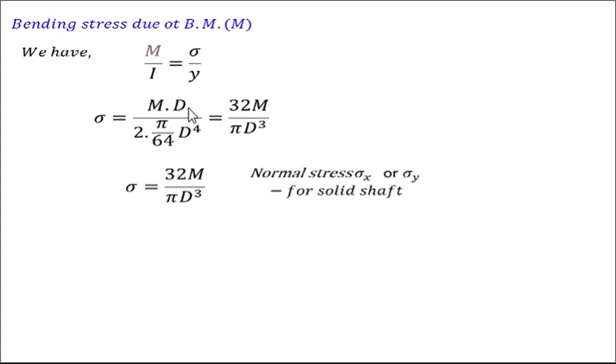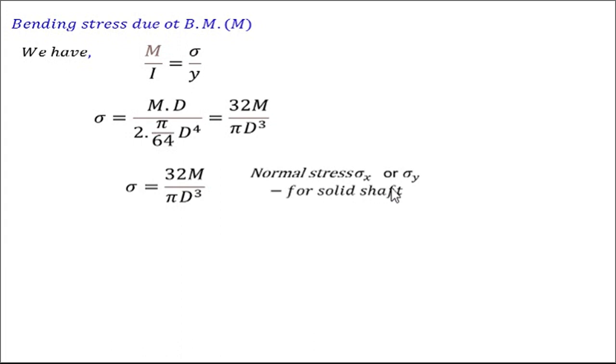Because the shaft is circular, y is half of the diameter, d by 2, from the centroid to the outermost fiber. And I is the moment of inertia, pi by 64 into d raised to 4. If you put these in and solve, you get the relation 32 M divided by pi d cube. So sigma, the bending stress, is 32 M divided by pi d cube.